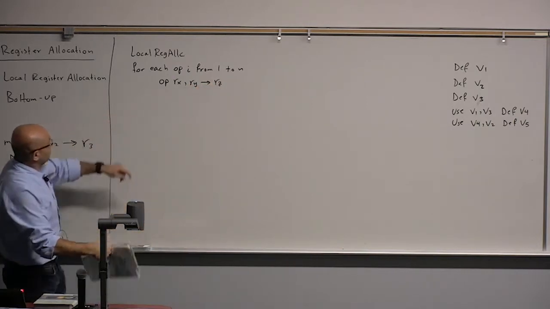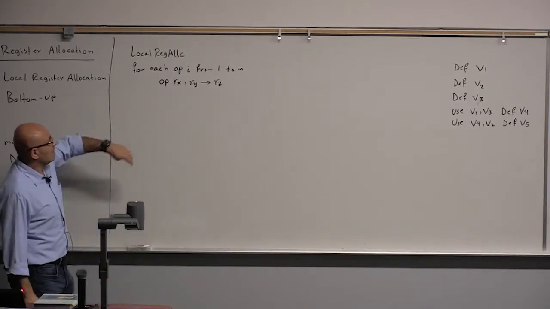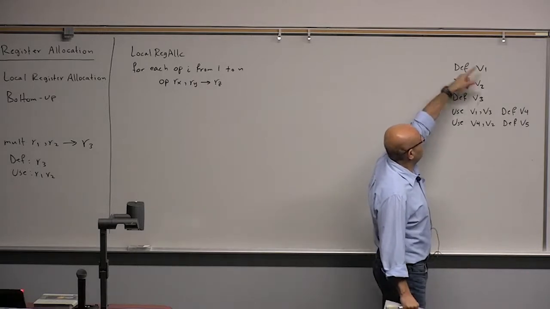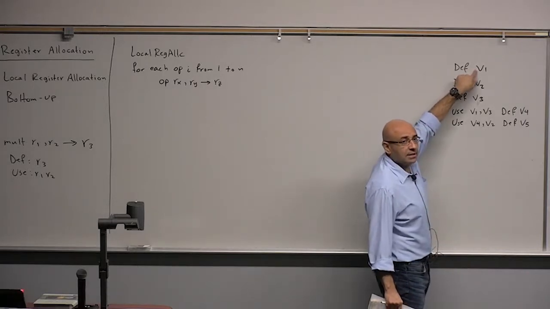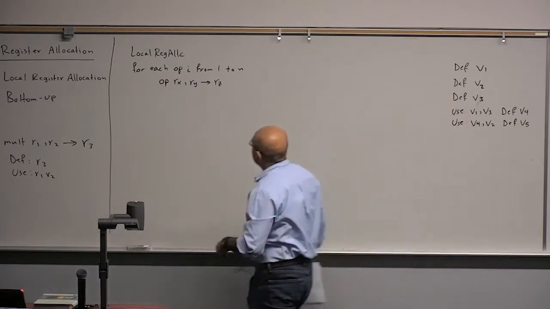So it uses Rx and Ry and defines Rz. If it defines a register, it doesn't use anything. So in this case, the uses are absent. Here we have the uses and the defines.